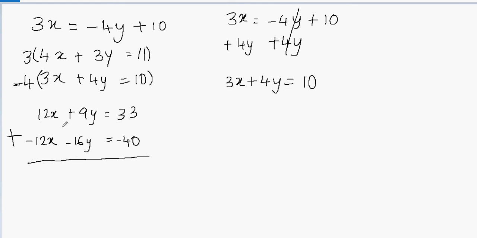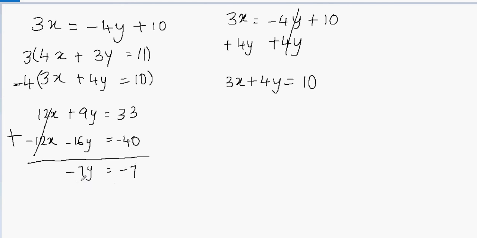And here 12x minus 12x will cancel out each other. 9y minus 16y will be negative 7y. Negative 7y is equal to 33 minus 40, which is negative 7.